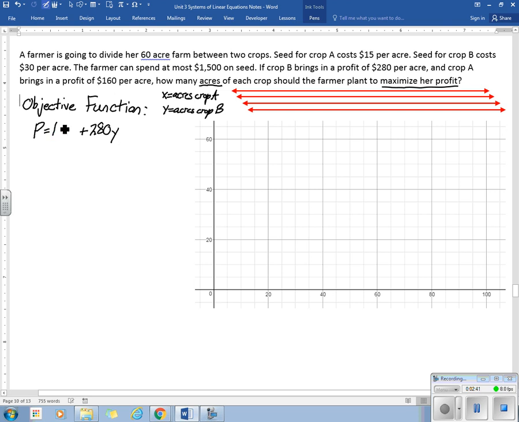So in that case, our profit would be $160 times each X, each acre of crop A, plus 280Y gives us our P.